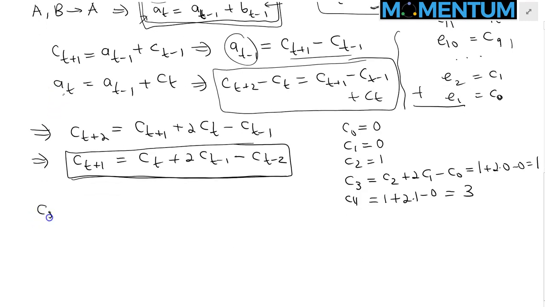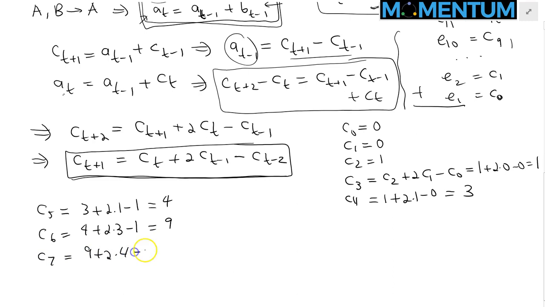So let me go ahead and write it here. C5 is just 3 plus 2 times 1 minus 1, which is 4. C6 is 4 plus 2 times 3 minus 1, which is 10, 9. C7 is 9 plus 2 times 4 minus 3, so 8, 5, 14.